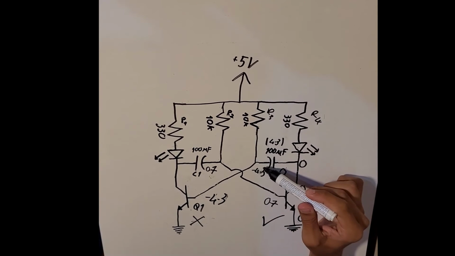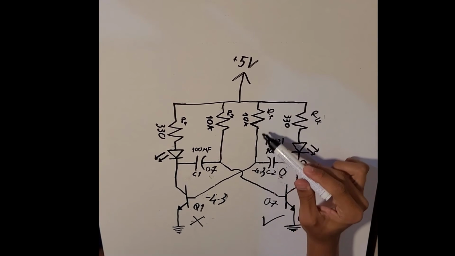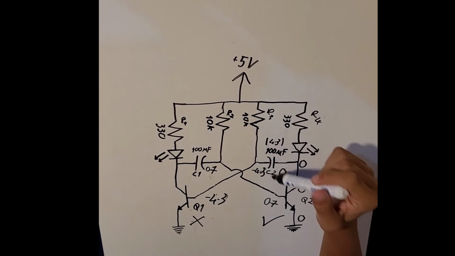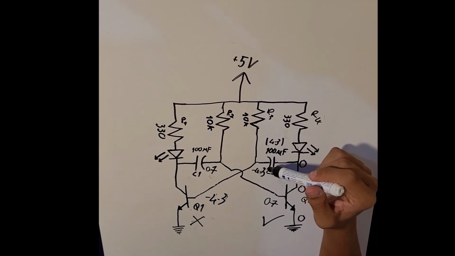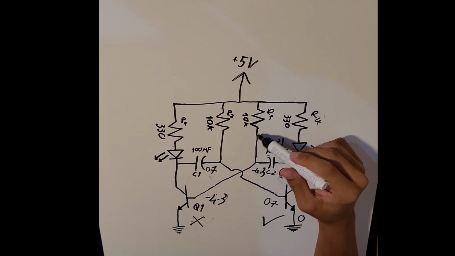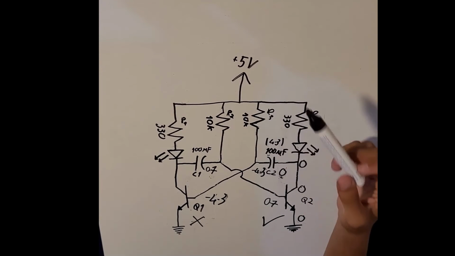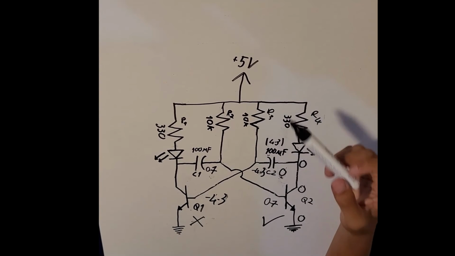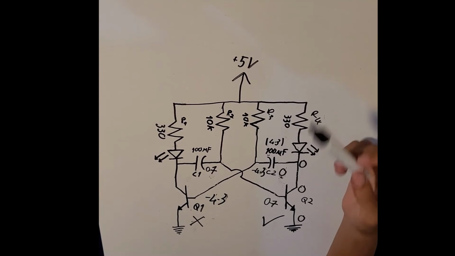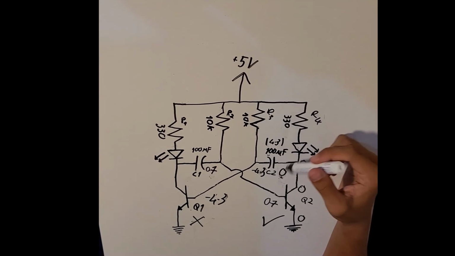So as C1 discharges from here, our LED will be emitting light. So what sets the time for the circuit is the discharging time of the capacitors. Capacitors are discharging through high resistance resistors, so the discharging time will be greater than charging time, and because of that the thing that sets the frequency for the circuit is our discharging time.